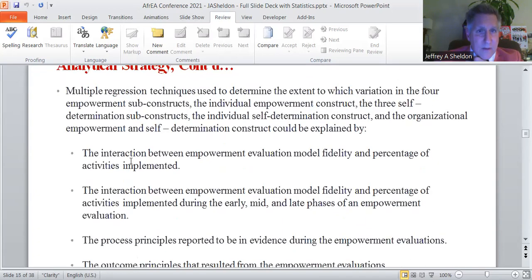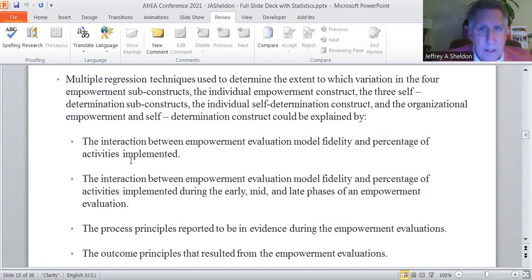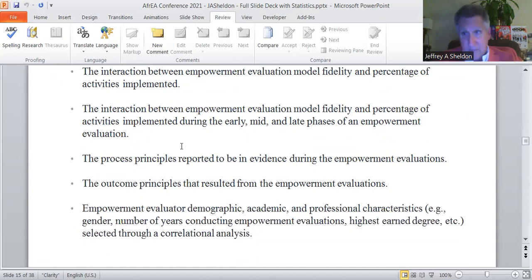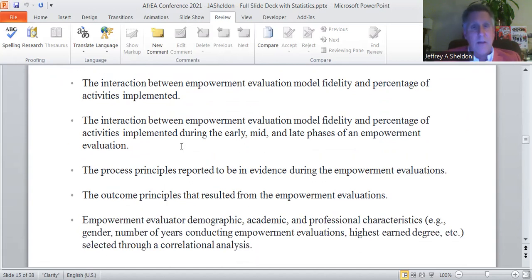Okay, the last analytical strategy is multiple regression, used to determine the extent to which variation in the four empowerment subconstructs, the individual empowerment construct, the three self-determination subconstructs, the individual self-determination construct, and the organizational empowerment and self-determination construct could be explained by, I kind of went through this before, but I'll just reiterate: the interaction between empowerment evaluation model fidelity and percentage of activities implemented during the early, mid, and late phases of the empowerment evaluation.